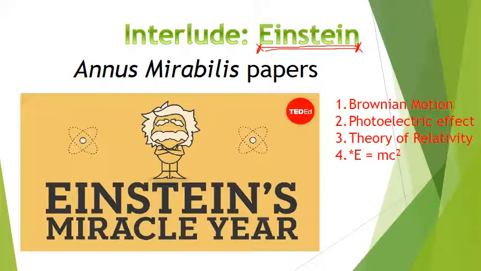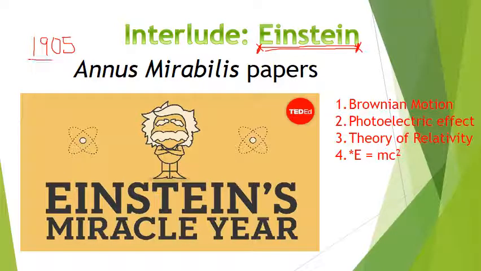The thing that made him so famous was in 1905, after he got his PhD, he could not get a job as a professor at a university. So he took a job at a patent office in Switzerland. While he was there, he did his job, but on the side, he'd play around with problems in science.